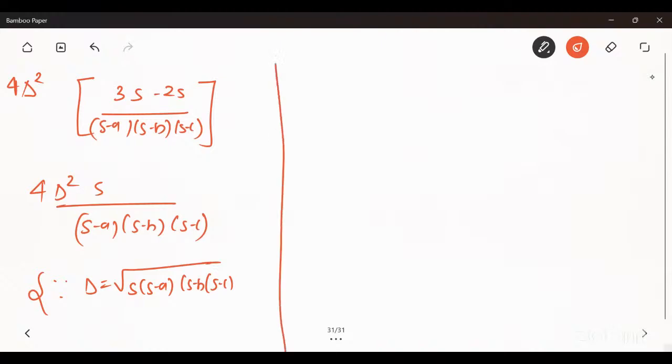So if you put delta is equal to under root S, S minus A, S minus B, S minus C, you will get 4 times of S into S minus A, S minus B, S minus C, and 3S minus 2S is 2S.